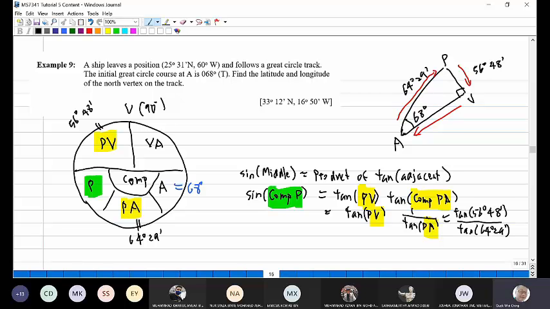So now let's see what is actually sine co P. Sine of co P is actually cosine of P. Okay. Sine of co P becomes cosine of P now. You can switch to cosine, so it makes the calculation easier.